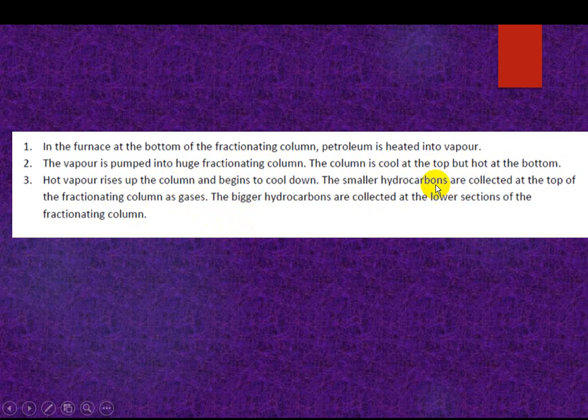The smaller hydrocarbons are collected at the top of the fractionating column as gases. The bigger hydrocarbons are collected at the lower section.